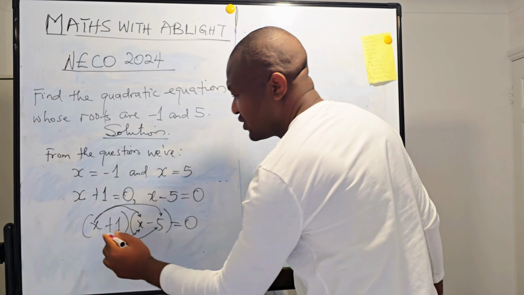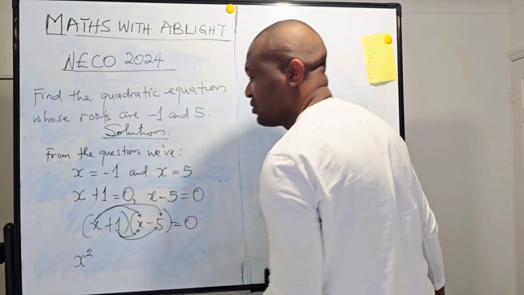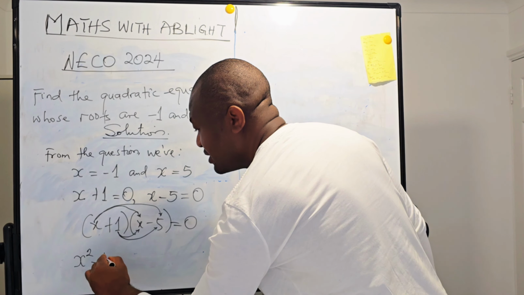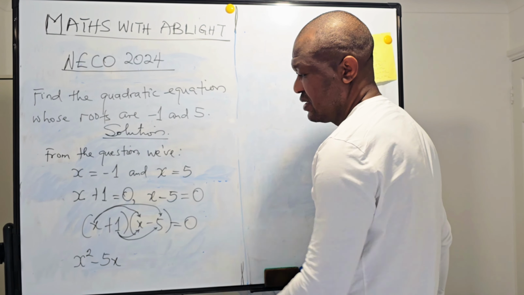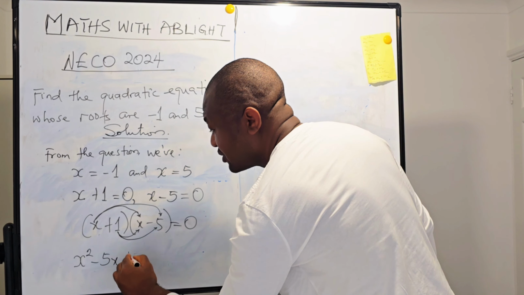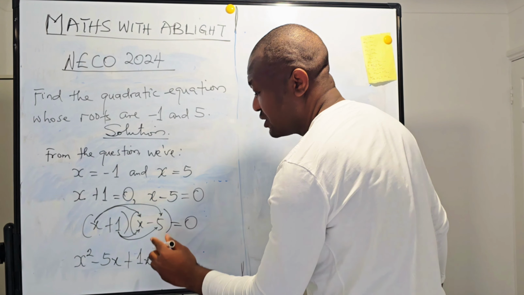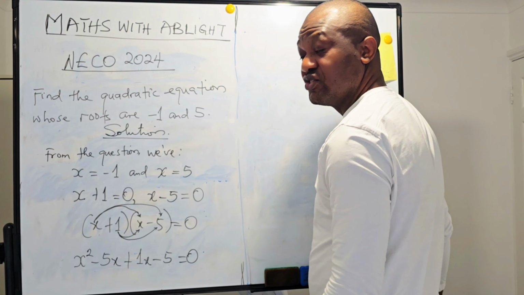Very simple. x multiplied by x gives you x squared. x multiplied by 5 gives you minus 5x because of the minus sign. 1 multiplied by x will give you plus 1x. 1 multiplied by 5 gives you minus 5. Everything equal to 0.